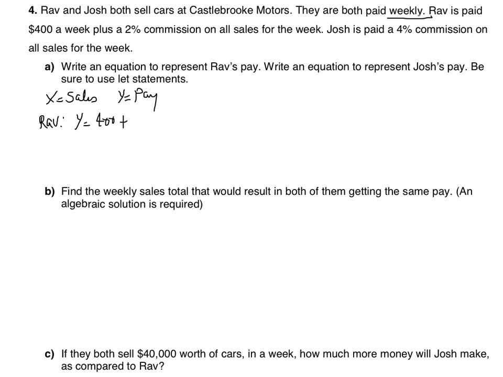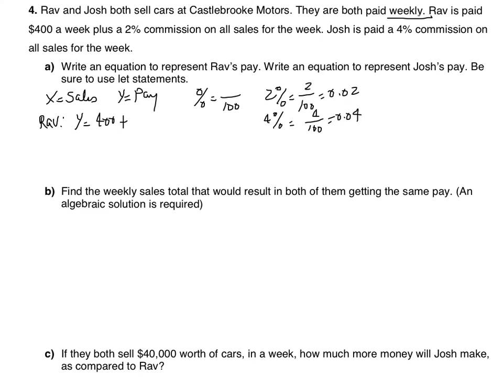2% commission on sales. Remember that percent means division by 100. So 2% is 2 divided by 100, which is 0.02. The same as 4% is 4 divided by 100, which is 0.04.